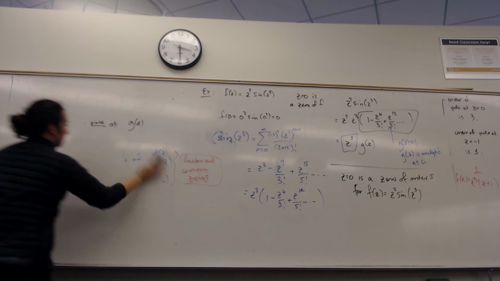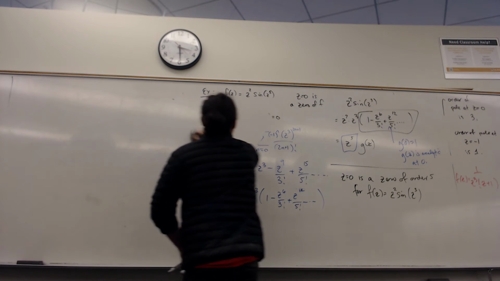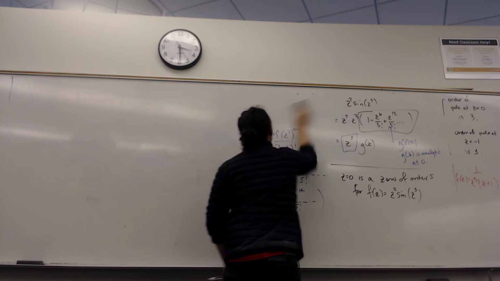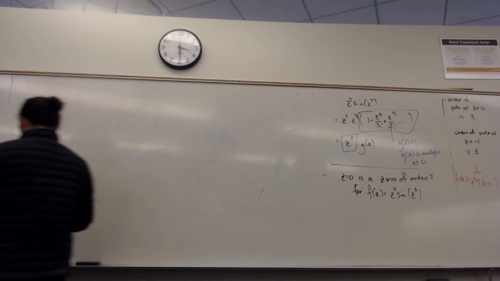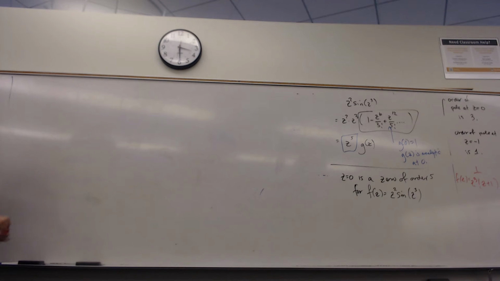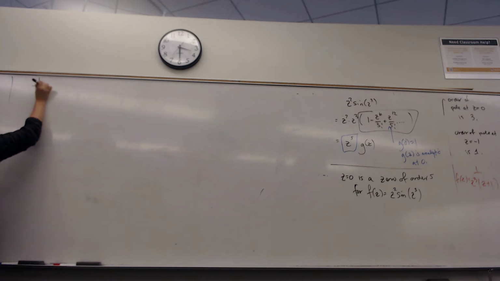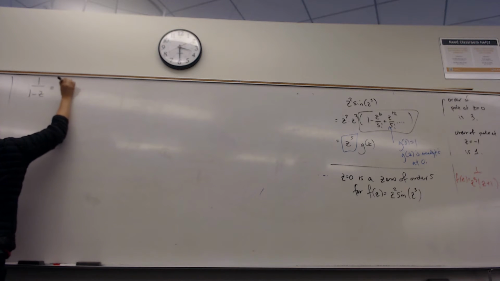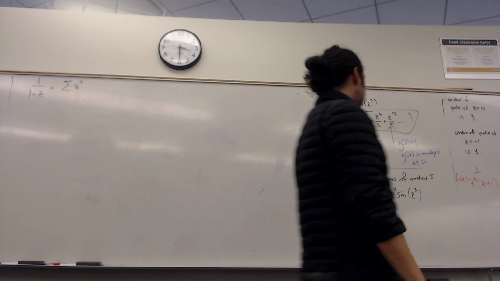Okay, so now we're going to talk about how we compute series around isolated singularities. And we're going to get a lot of ground out of this formula: 1 over 1 minus z is the sum of z to the n. All right.